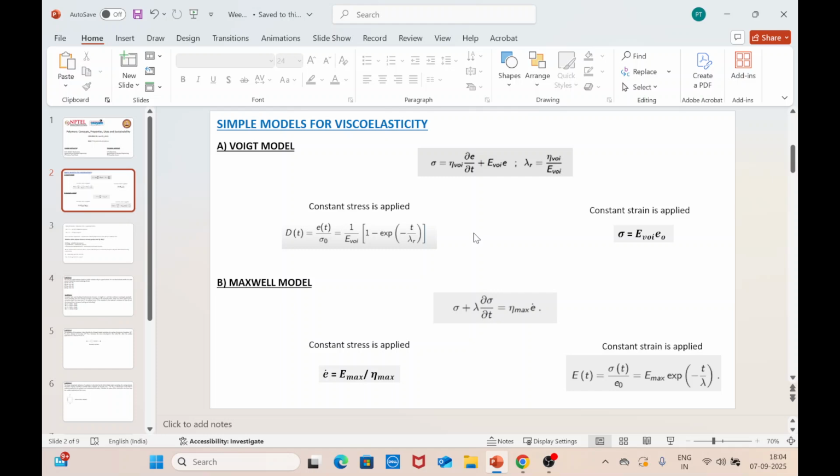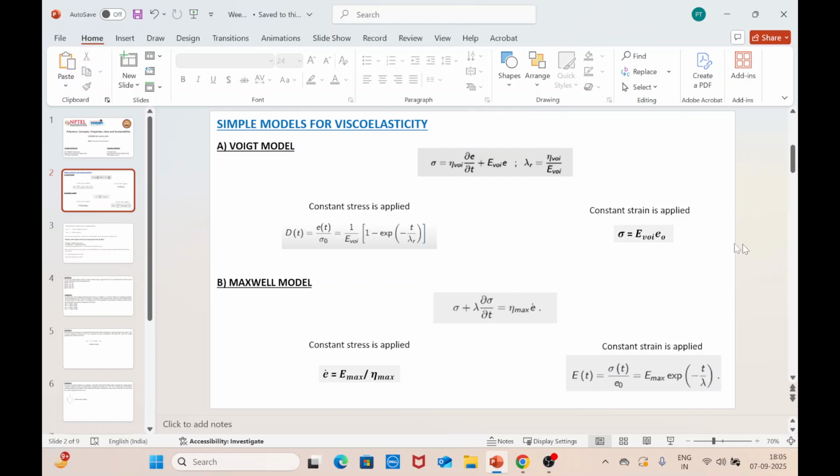Since I have said constant strain, that means the strain is not going to vary as a function of time. So can we say that this particular quantity, dε by dt, is 0, because the strain is not going to vary as a function of time? Then stress can be expressed as modulus times strain.